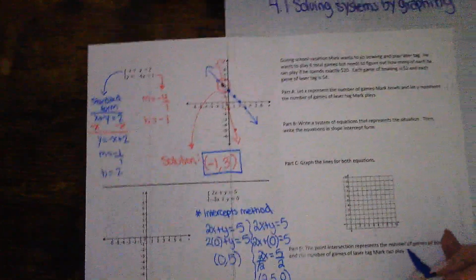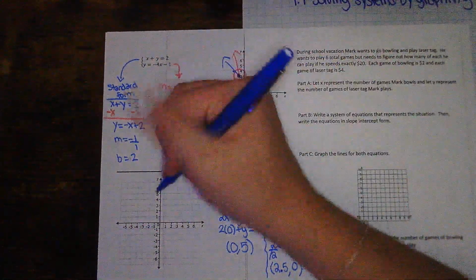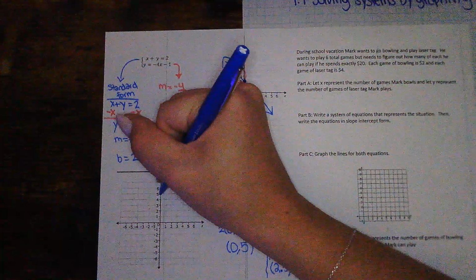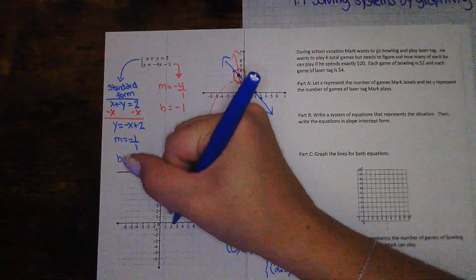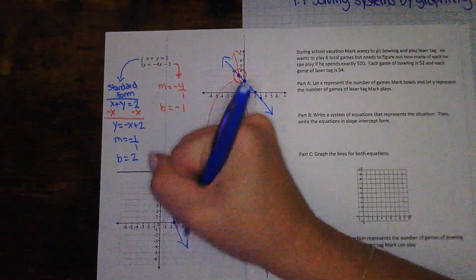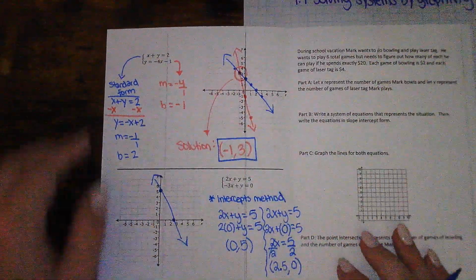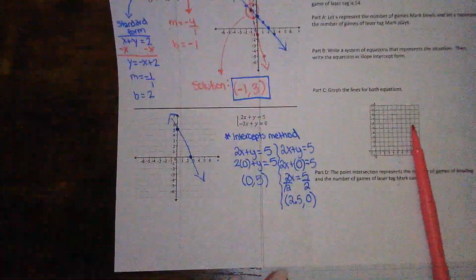Okay, so once I have that, I can graph those two intercepts, so 0, comma 5, and 2.5, comma 0. And then I'm going to do that again with my other line.